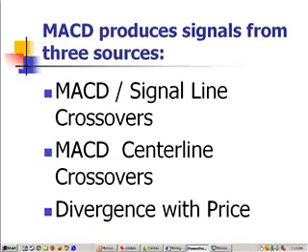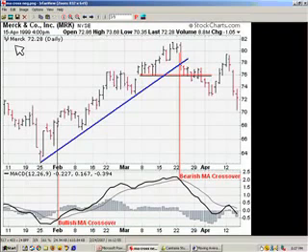The most powerful, in my opinion, signal that MACD produces is the divergence. The divergence that MACD has with price, although, again, it's the least frequent signal that MACD sends out, is the most powerful, produces the biggest moves, and is also the most reliable signal.